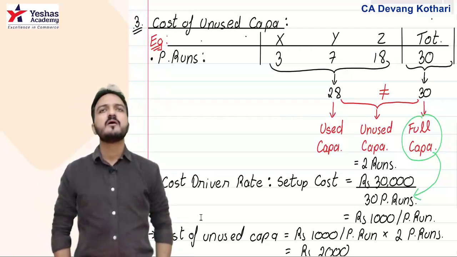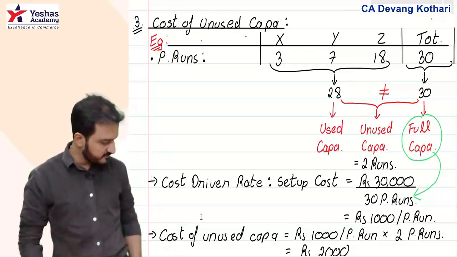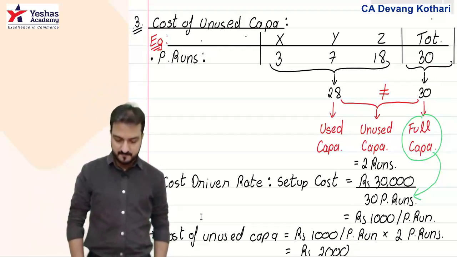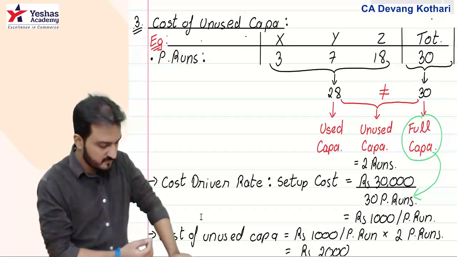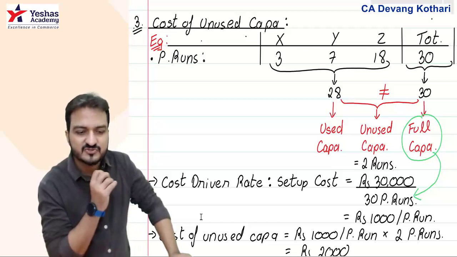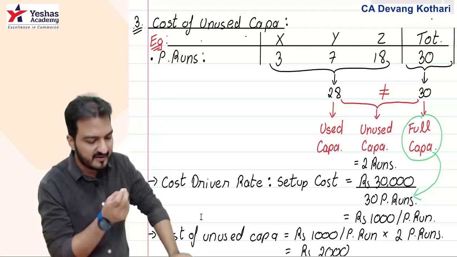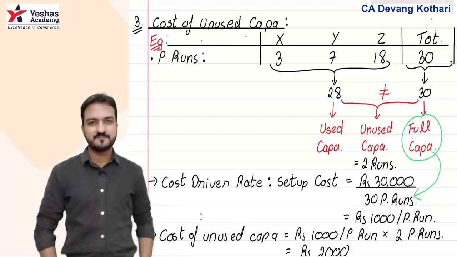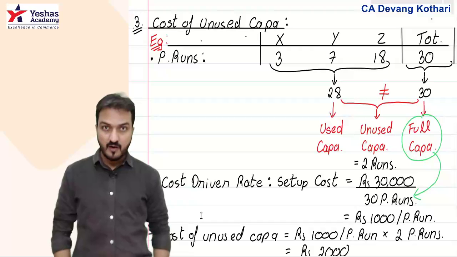If the summation of product-wise cost drivers does not match with the total cost driver given, then the difference indicates cost of unused capacity.